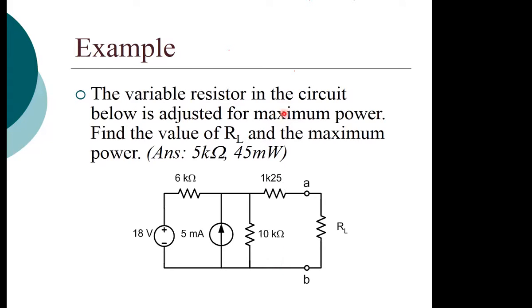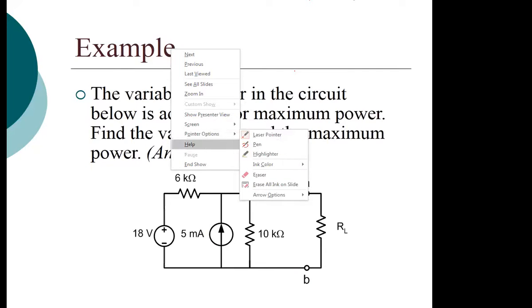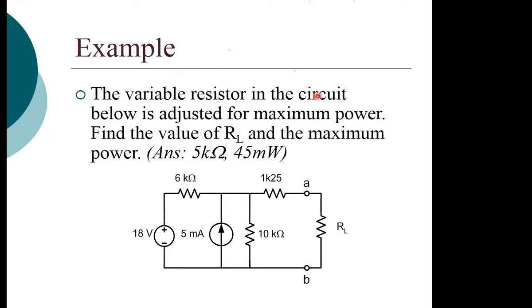Then after finding Thevenin's equivalent resistance, the next thing, you will know that the variable resistance that you want will be equal to R Thevenin. I think you can do that on your own. Then, let me see if I can get the correct answer easily.